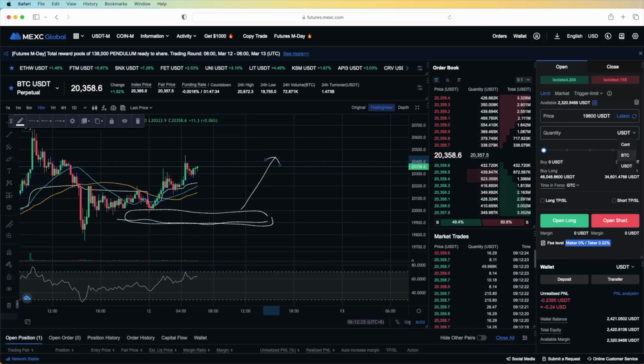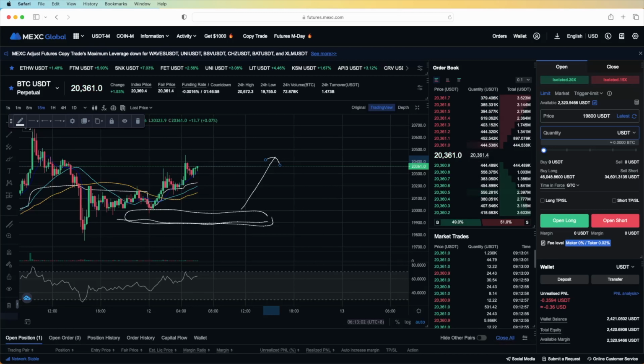If you want to buy BTC, for example, I'm going to buy 1 BTC with a leverage of 20. That's 20,000 based on the leverage of 20, so I have to put $1,000 as margin. It's really simple to calculate your leverage. I'll put it in USDT, which is easier for me. For example, I have a leverage of 20.